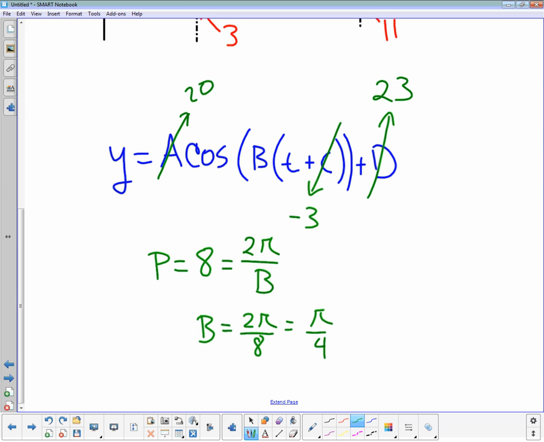Real life things don't worry about pi. Pi is a number that is a mathematical fabrication based upon the principles of a circle. The world does not run in terms of pi. It runs in terms of counting numbers. So when you're dealing with a real world example, very often we have a B term with a pi in it so that the pi's cancel out and we then have seconds or minutes or days or years rather than having some irrational number. So real world examples often have a pi in the B term.